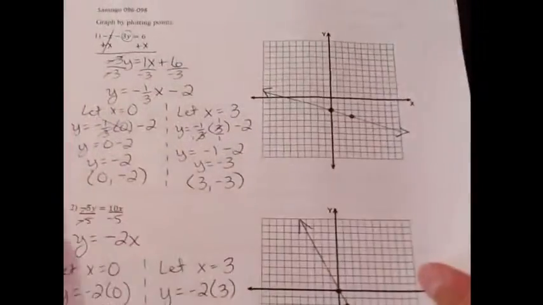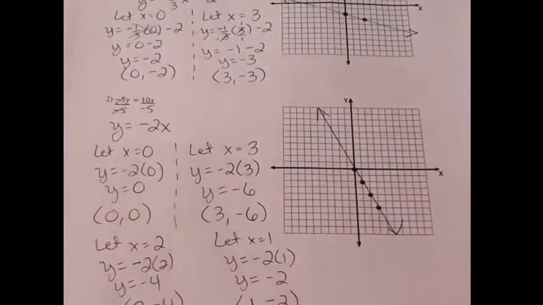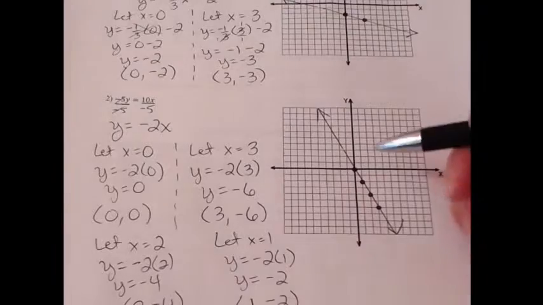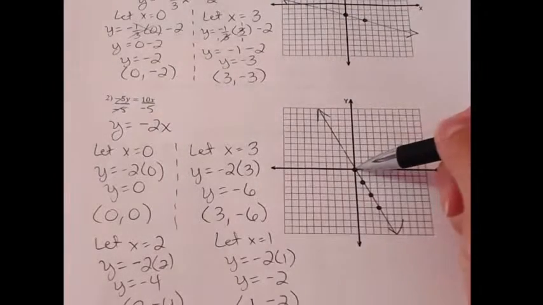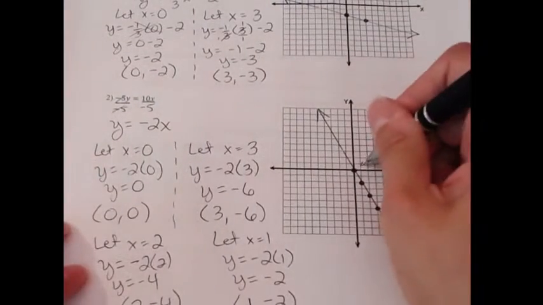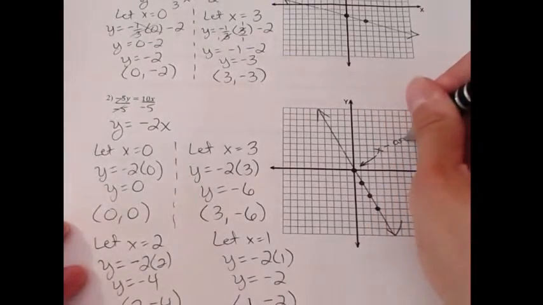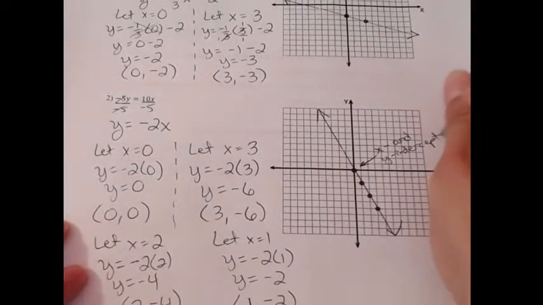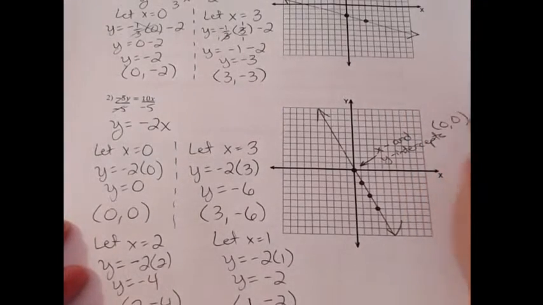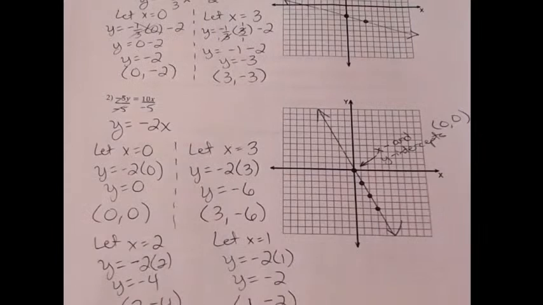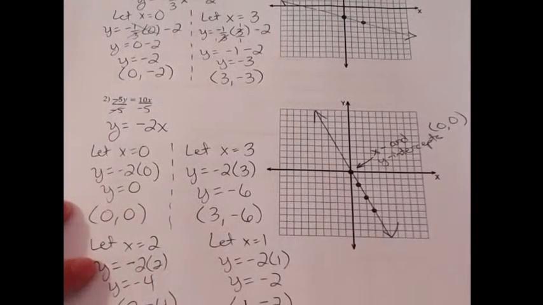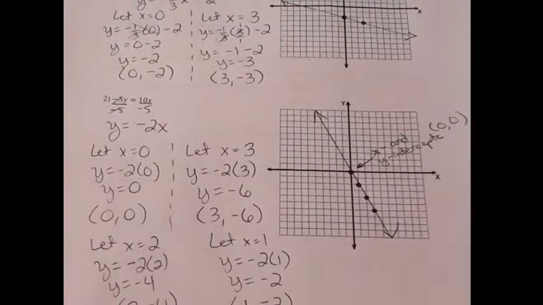Let me prove it to you. If we turn back to problem number 2 from last class, notice that my x and my y-intercept are actually the same. You see this? I'm going to make a quick note. Right here, this means that the x and y-intercepts are 0, 0. And that's okay. That's not a big deal. We were still able to graph the line.